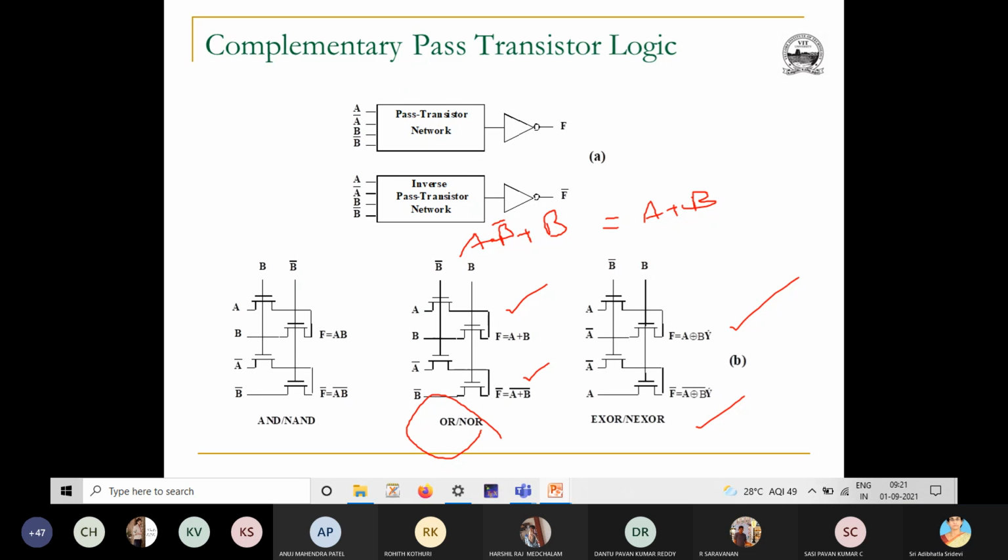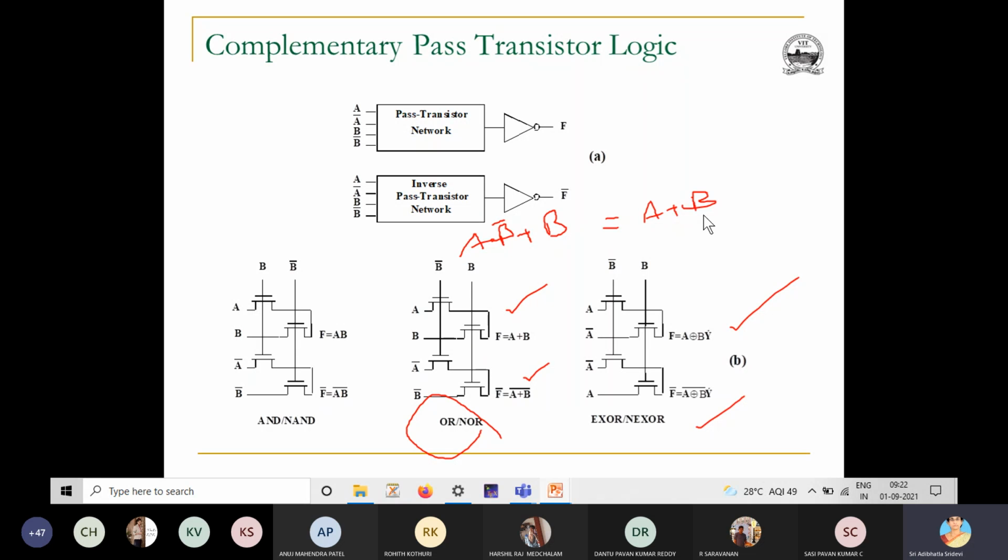So what makes a complementary pass transistor logic with PMOS? We have circuits of NMOS here. So how can we build complementary pass transistor logic with PMOS? Replace all N MOSFETs with P MOSFETs and just use B bar in place of B and B in place of B bar.